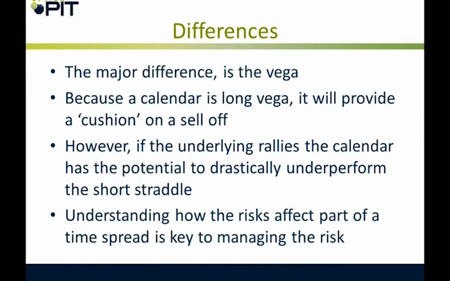But if I own a calendar and the underlying rallies, I can actually lose more on a smaller move than I would lose on a short straddle, even though, from a technical standpoint, that calendar has a lot more risk. So understanding how the risks affect a time spread is the key to managing that risk.